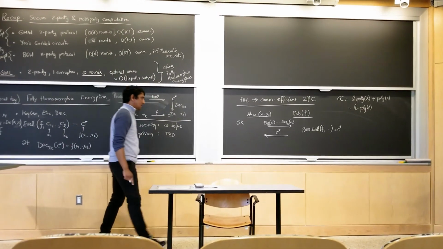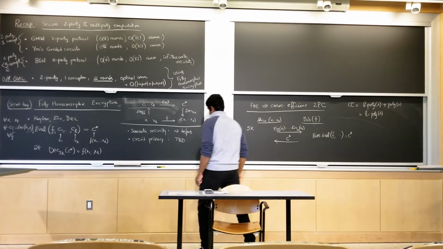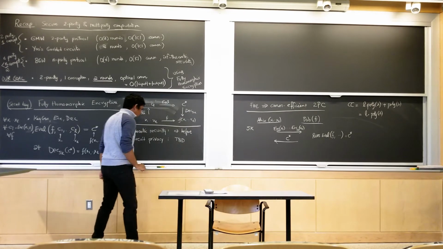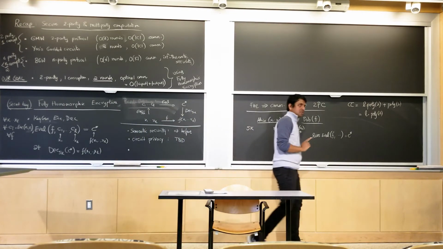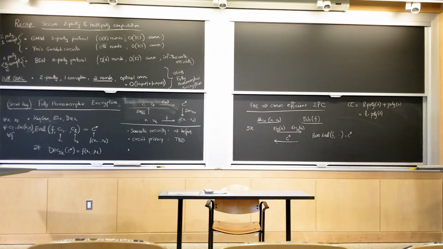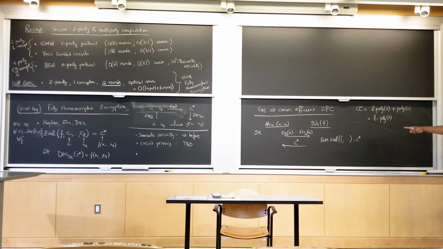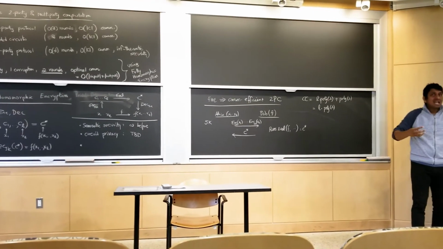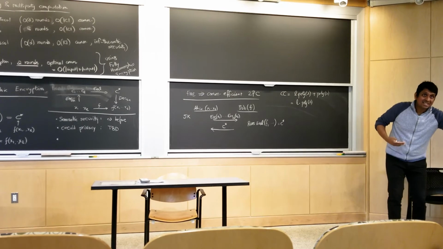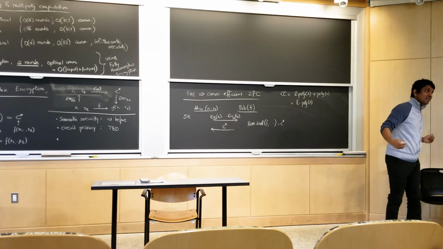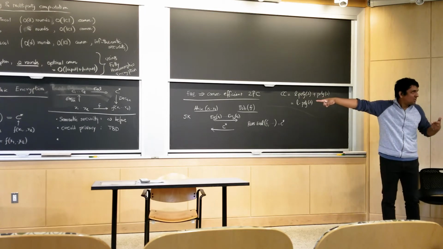One other thing which I have to tell you. Somehow I tacitly assumed that when I take a bunch of ciphertexts and homomorphically evaluate a function on them, I produce a ciphertext C star that looks like the original ciphertext. Okay? That's a tacit assumption I made that's not in the definition.